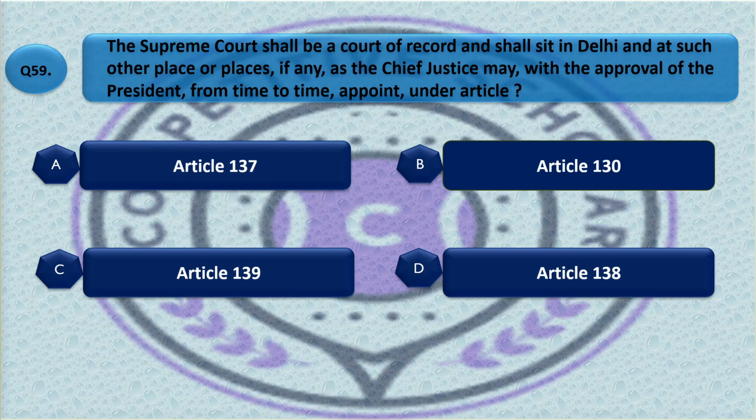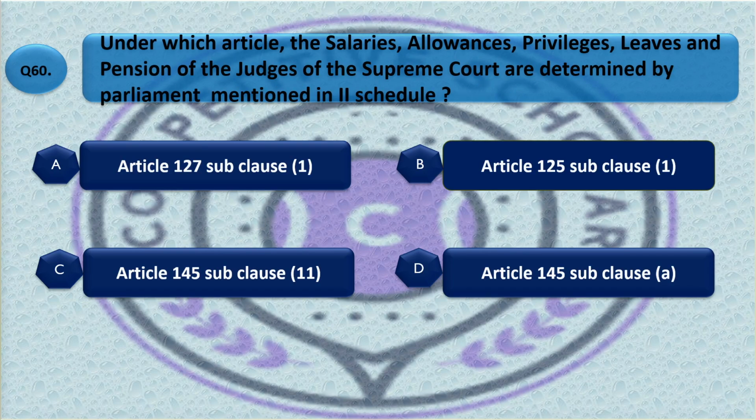Question number 59. The Supreme Court shall be a court of record and shall sit in Delhi and at such other place or places, if any, as the Chief Justice may, with the approval of the President, from time to time appoint under which article? Article 137, Article 130, Article 139, Article 138. Answer is option B. Question number 60.